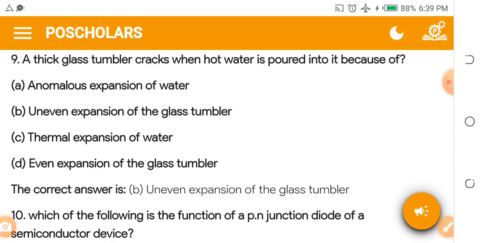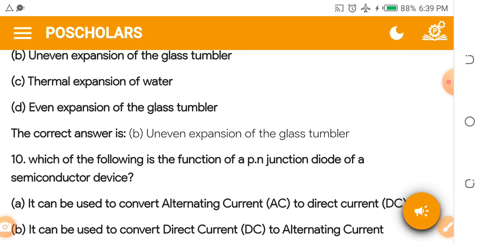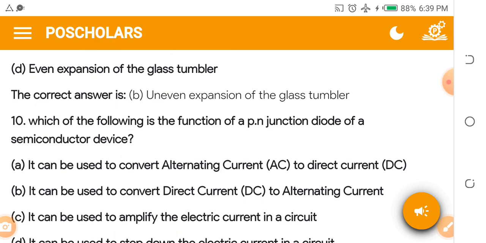They expand but not evenly, so it cracks. Assuming they expand evenly, the thing will not crack. That's why if you pour hot water on rubber, it won't crack. It can only expand, but cracking it won't. Okay?